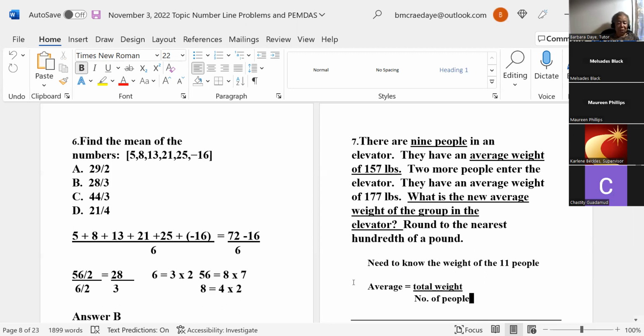Now, we know the average, we know the number of people. How would we find total weight?